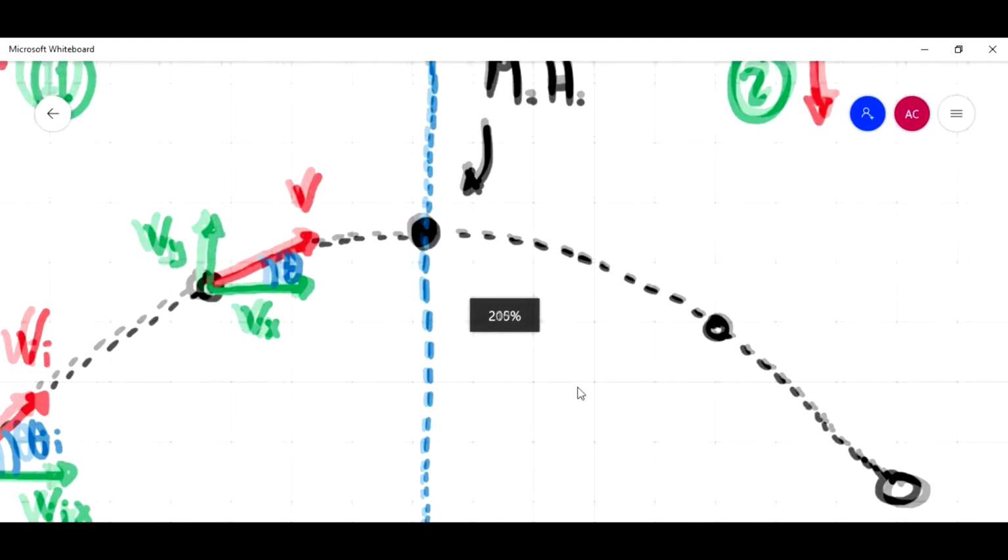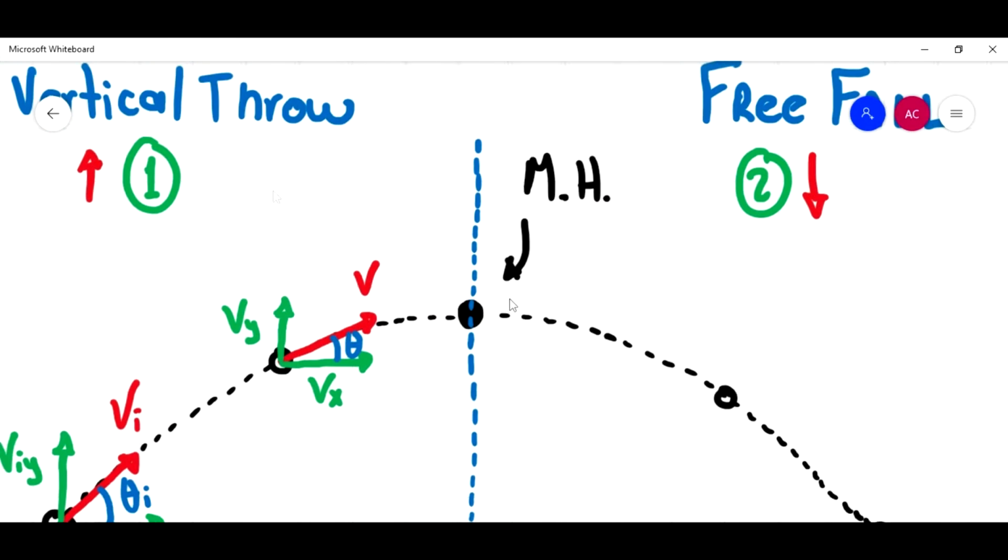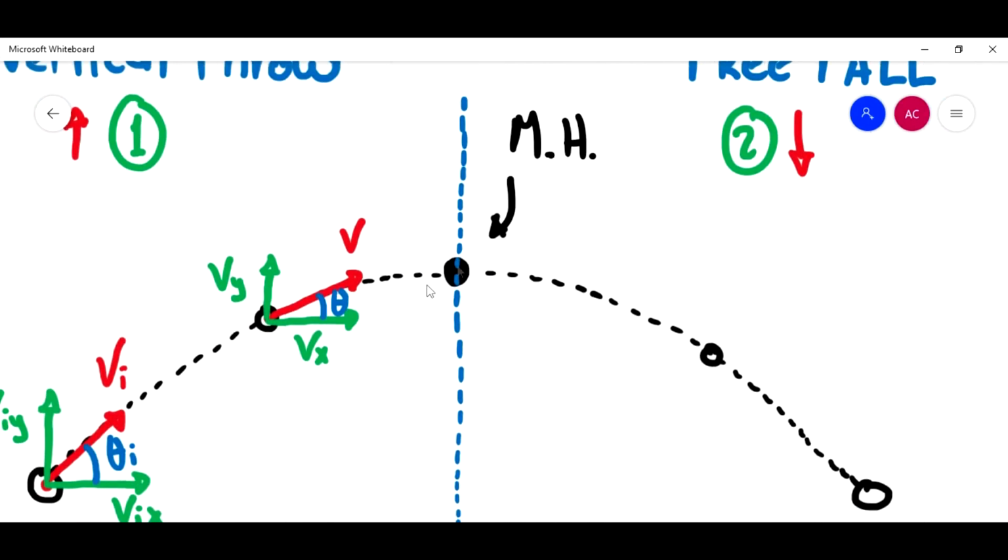Remember, in vertical throw, the velocity at the maximum height, and I'm talking about the y velocity, because in this case I'm going to have two components, the x component and the y component.